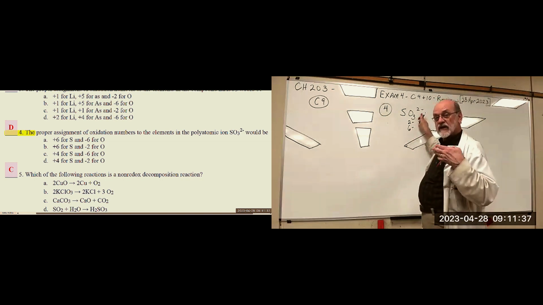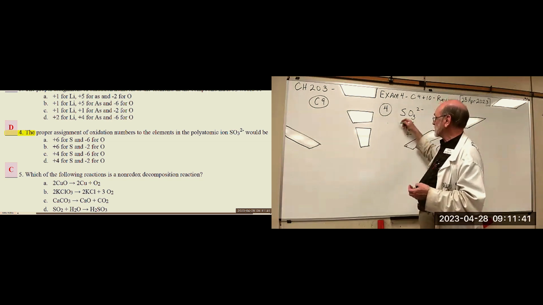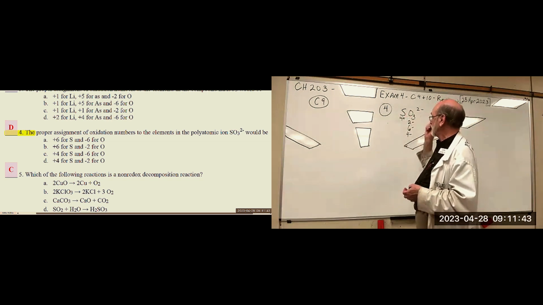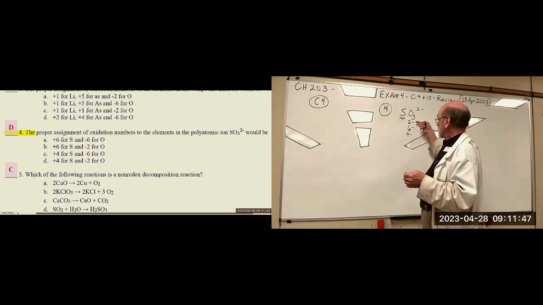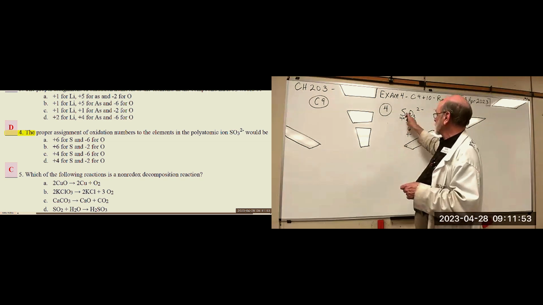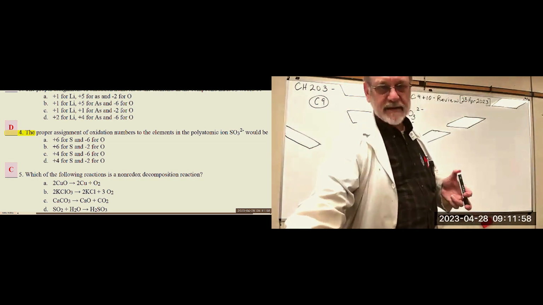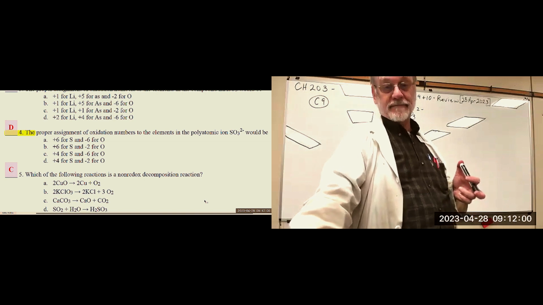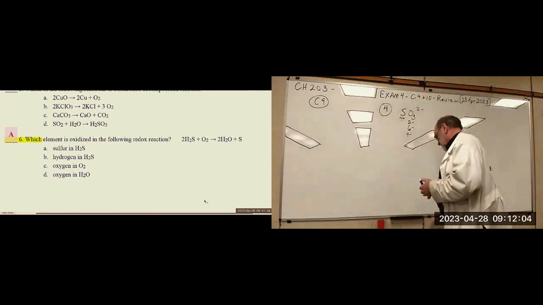So I really only need to hold out 4 minuses to be balanced by this sulfur. Okay, and you can check it out. Right, 3 times 2 minus is 6 minus, plus 4 plus is 2 minus. So we have a 4 plus for the sulfur and a 2 minus for the oxygen. And that's why the answer is D. All right.